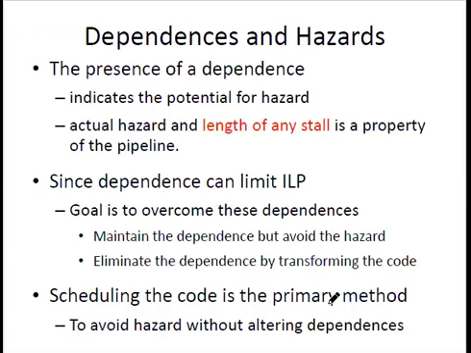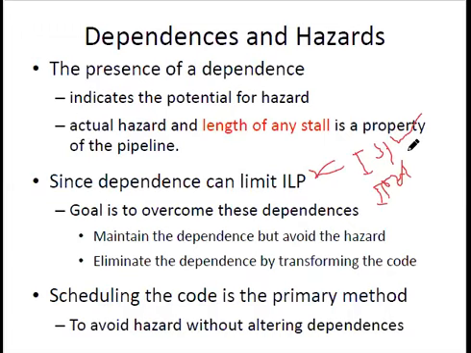An actual hazard, or a true hazard, is known as a data hazard. Obviously dependence can limit ILP, as we have seen. For example, take the first instruction and second instruction. If the second instruction depends upon the value of the variable updated by the execution of the first instruction, then the second instruction is dependent upon the first.